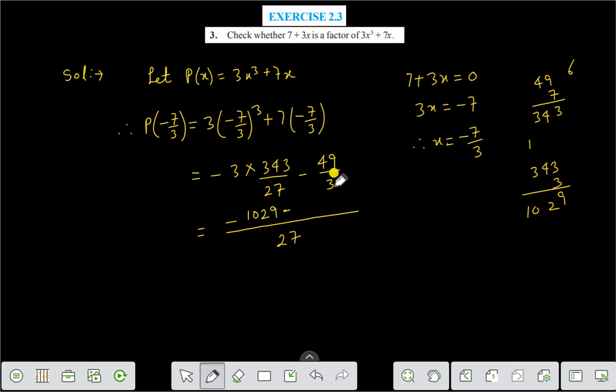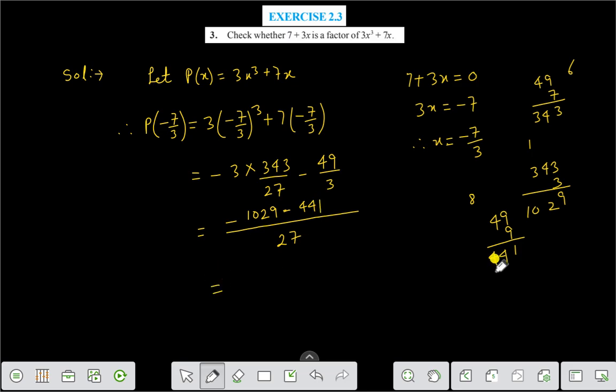You divide 27 by 3, 3 9 is 27, that is 49 into 9, which is 441.